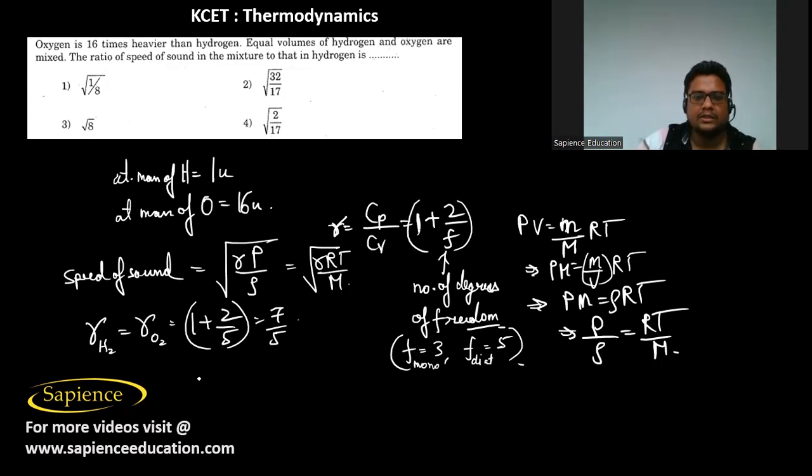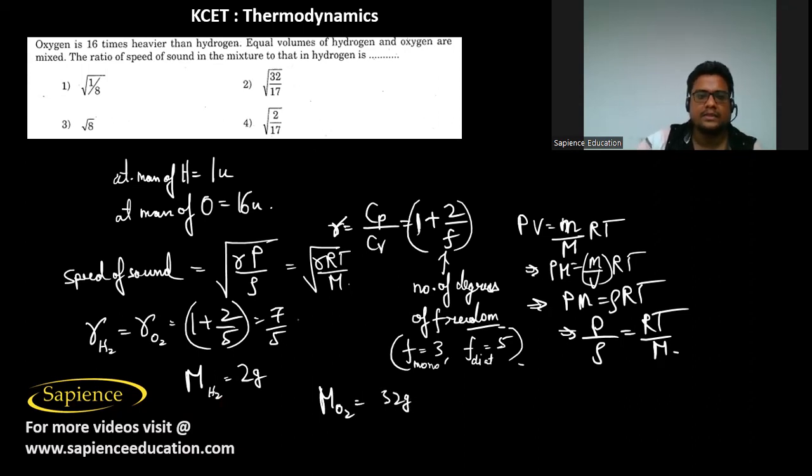Okay, so as we know, the molar mass of hydrogen is 2 gram, and the molar mass of oxygen is 32 gram.